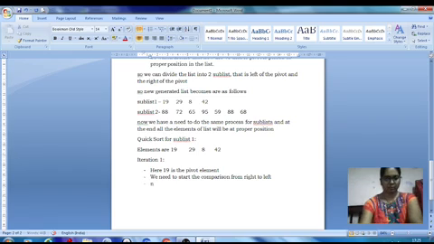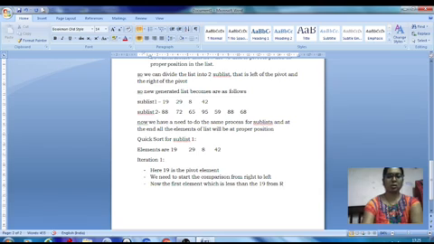So now the first element which is less than the 19 from R to L is the 8.